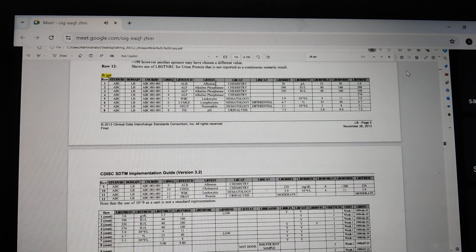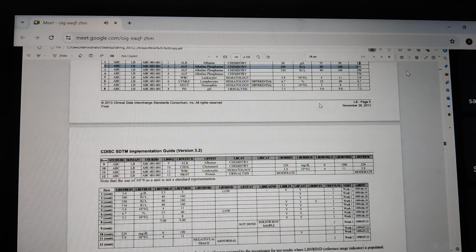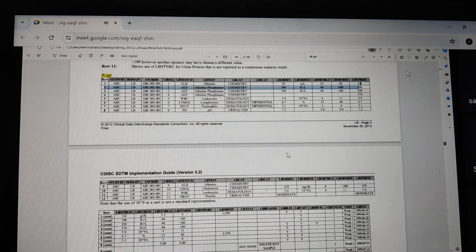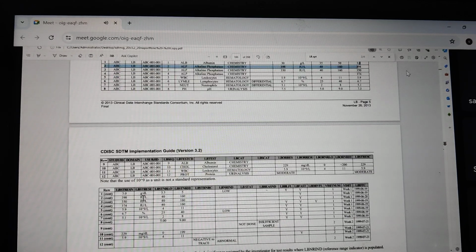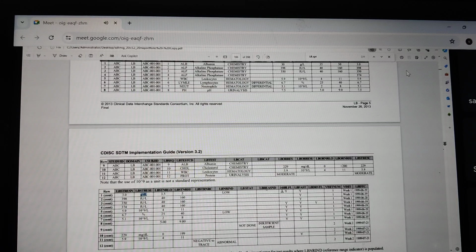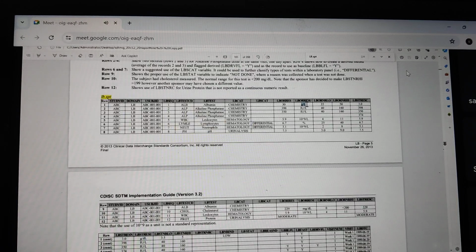If you can see this, for albumin, gram per liter is the original captured unit. So the result is 30, but actually the normal range is 35 to 50. They have converted it, and then the standard results is in gram per dL, but actually it is captured in gram per liter.